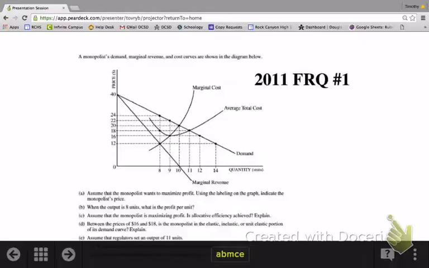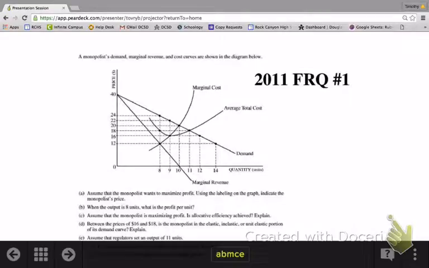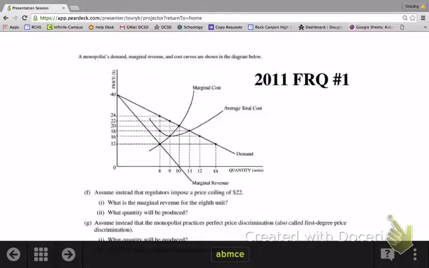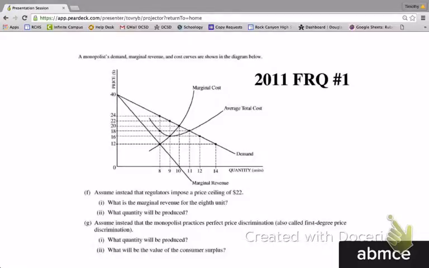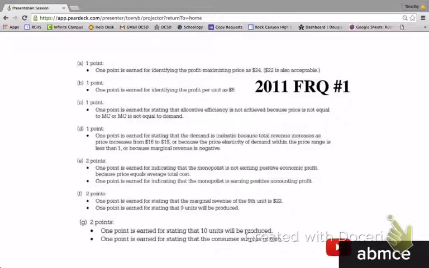Free response question number 1 from the 2011 AP Microeconomics exam. Here's the continuation of question number 1 from the 2011 AP Microeconomics exam. Here is the rubric for that question and how you earn points.